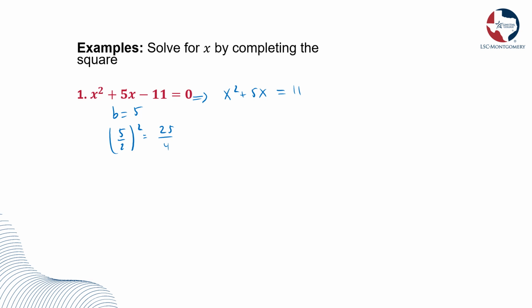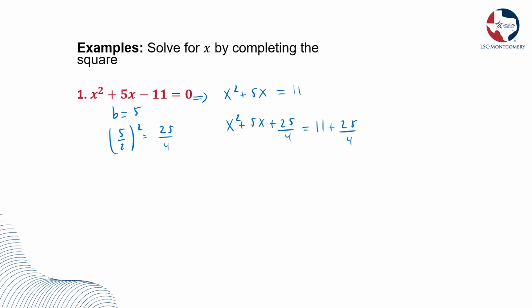So we're taking that 25 over 4 and adding it to both sides of our equation here. Now, the reason why we wanted to add 11 over to the right side first is because once you add the 25 over 4, the whole left side becomes a perfect trinomial.